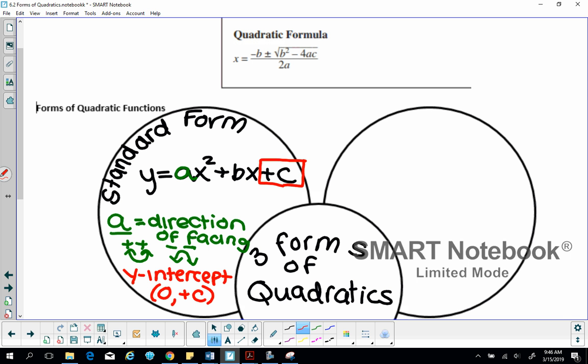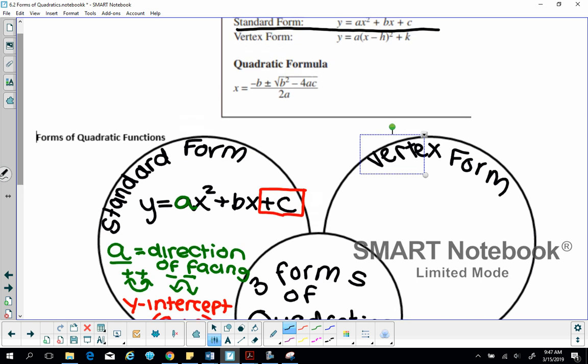The next form that we're going to be working with is vertex form. And that's also on your formula sheet. You can see that vertex form is right underneath. It looks a little bit more complicated. It looks like this.